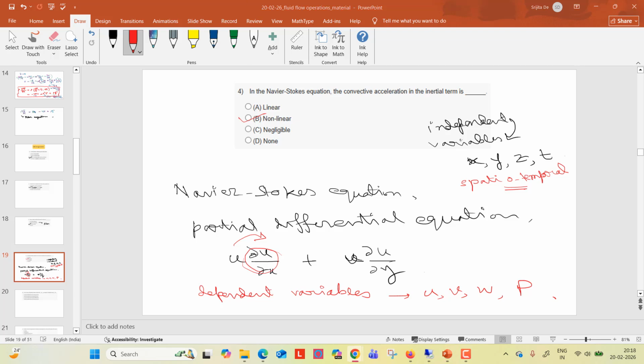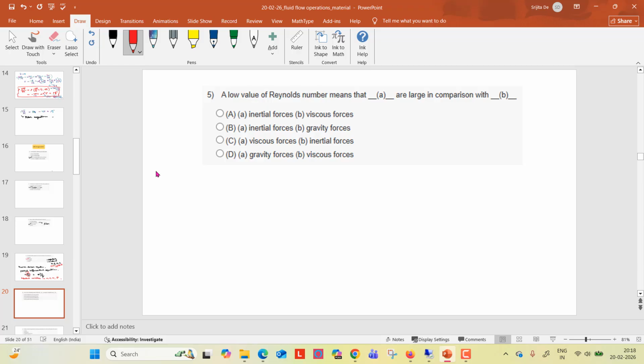Next, a low value of Reynolds number means that which one is large in comparison with this one.